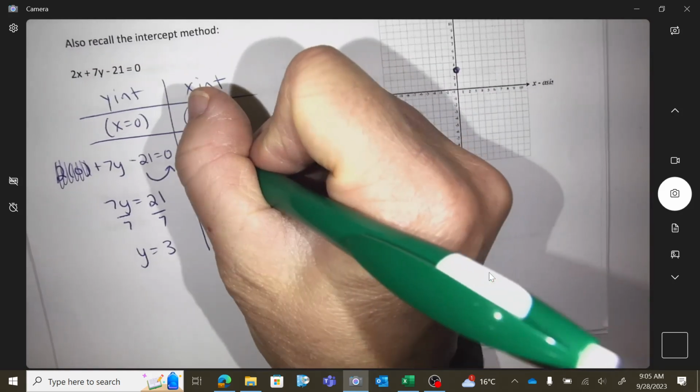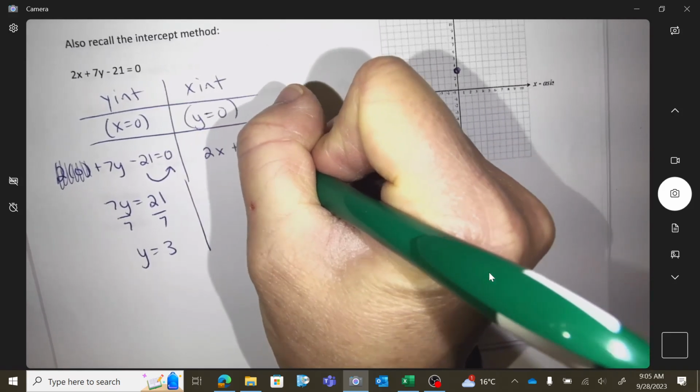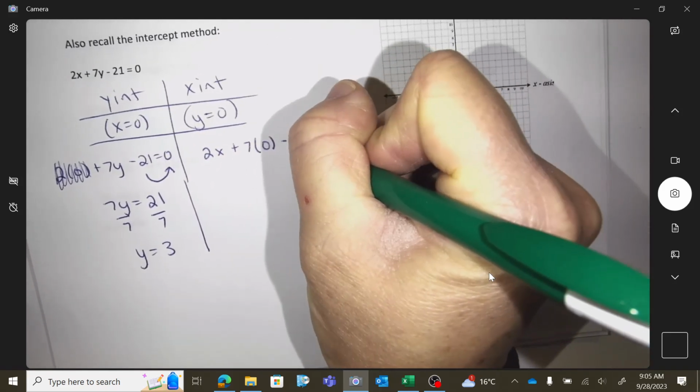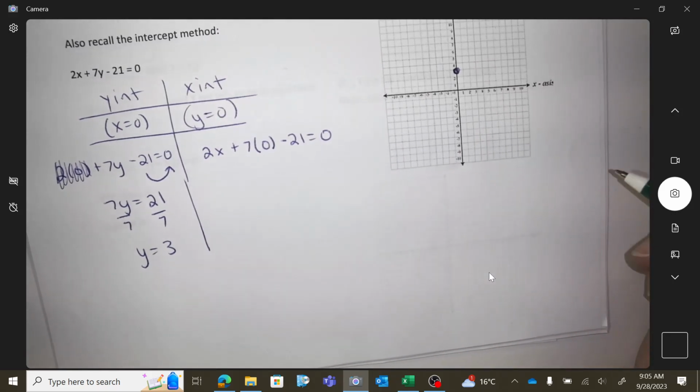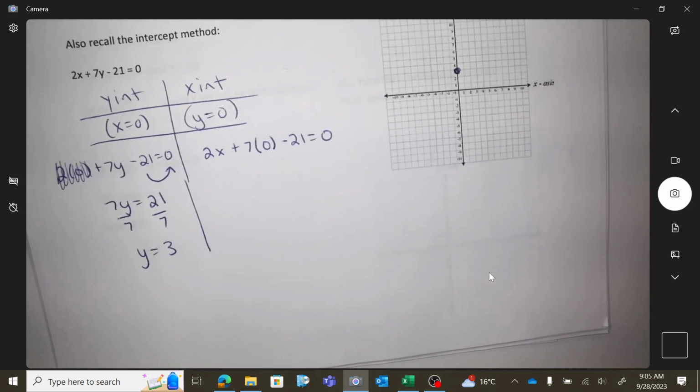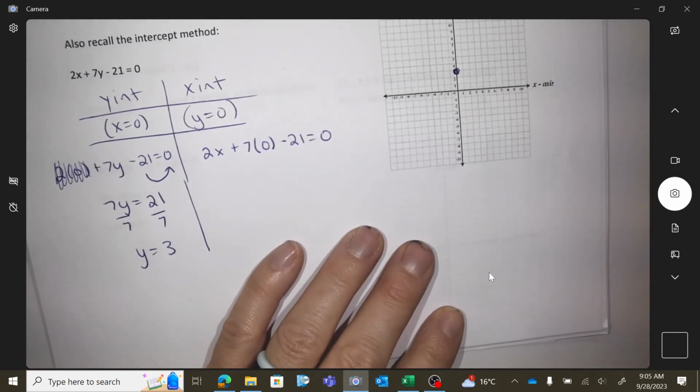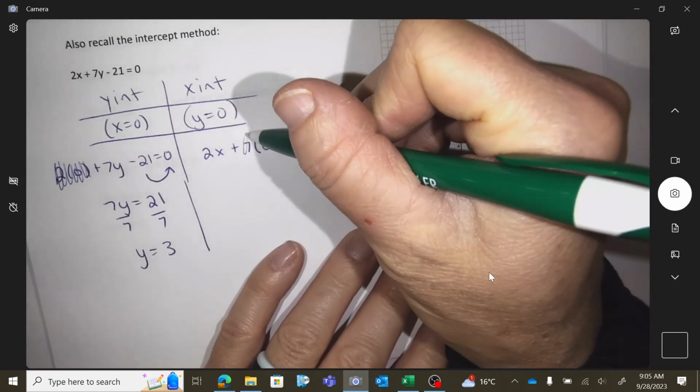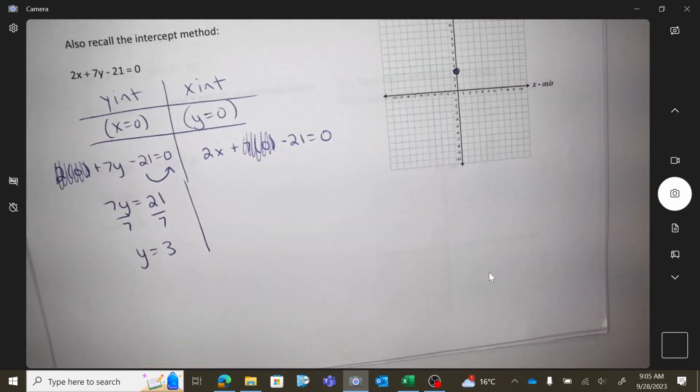So for the x-intercept, this time I'm going to put a 0 into the y spot. I'm going to cross that off.